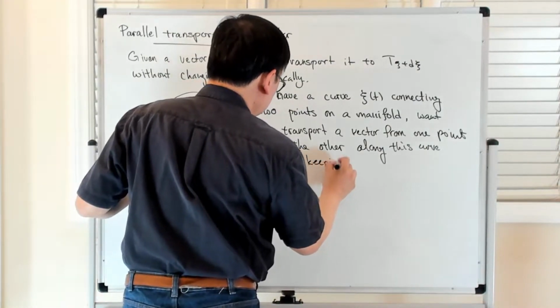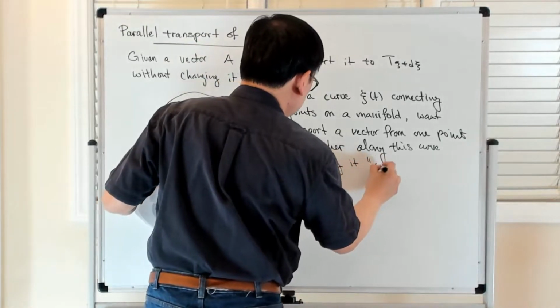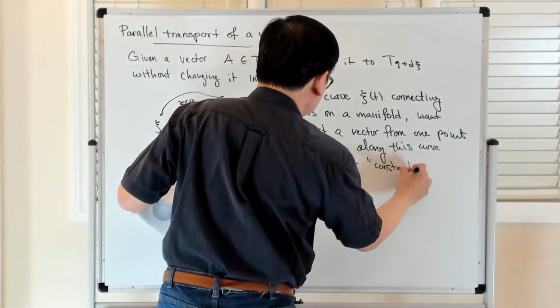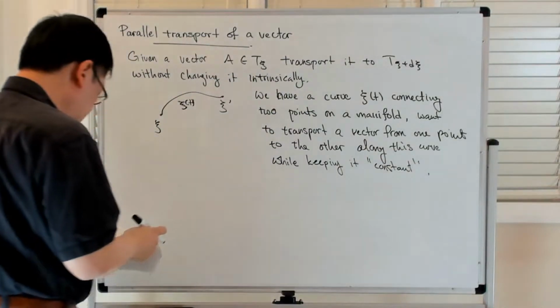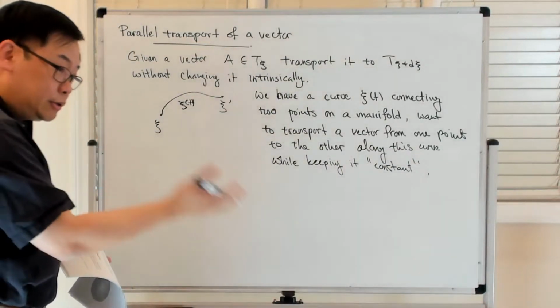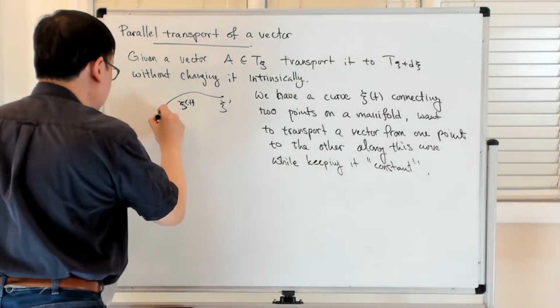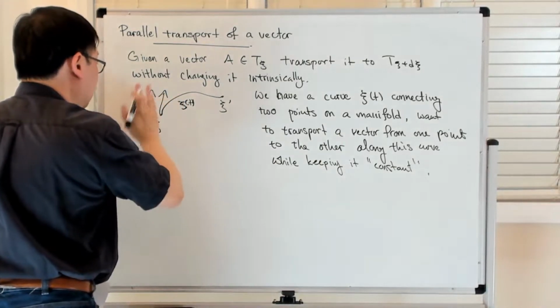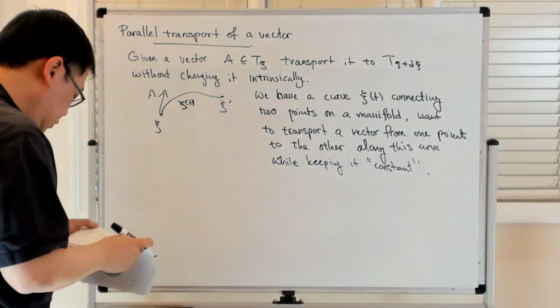So that's what I would mean by parallel transporting a tangent vector, say at the initial point, along this curve to the final point. Okay.